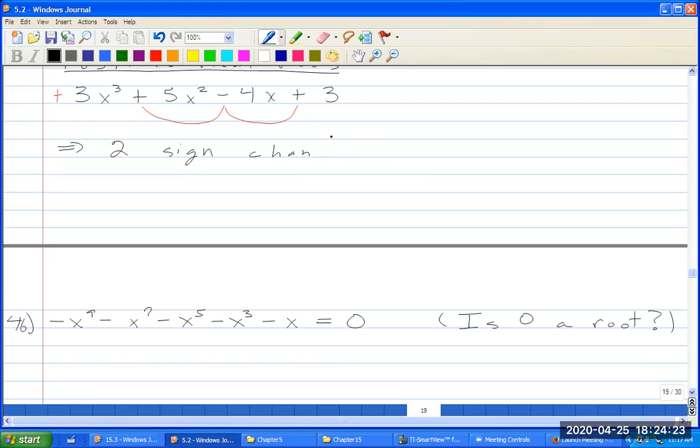This is a cubic, so there can't be more than 3 roots. So this says there's an even number of roots, so either 0 or 2 or 4 or 6 or 8, but it can't be more than 3, so just 0 or 2 positive real roots.